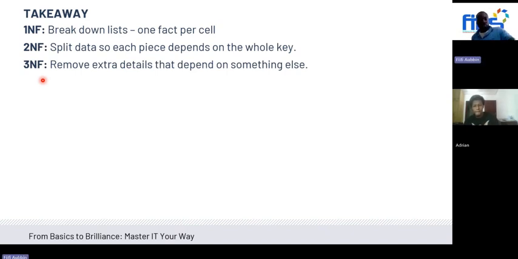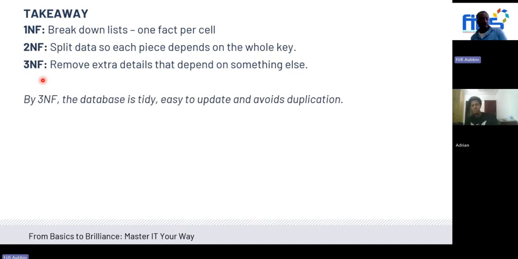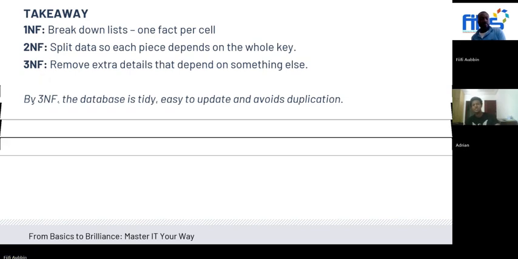So once we are able to achieve this, then solving the question becomes a piece of cake. So by third normal form, the database is tidy, easy to update, and avoids duplication, just as we saw with the teachers' phone numbers. Is that okay?